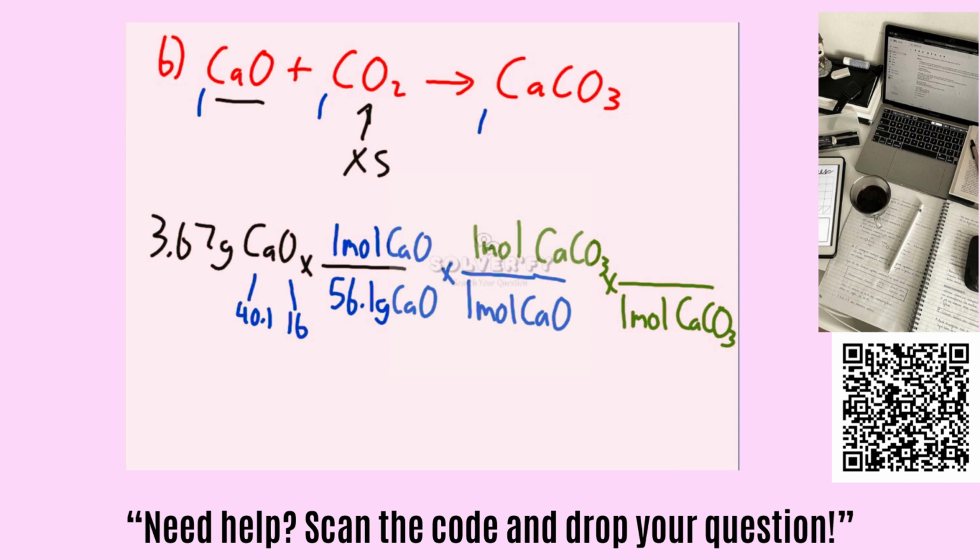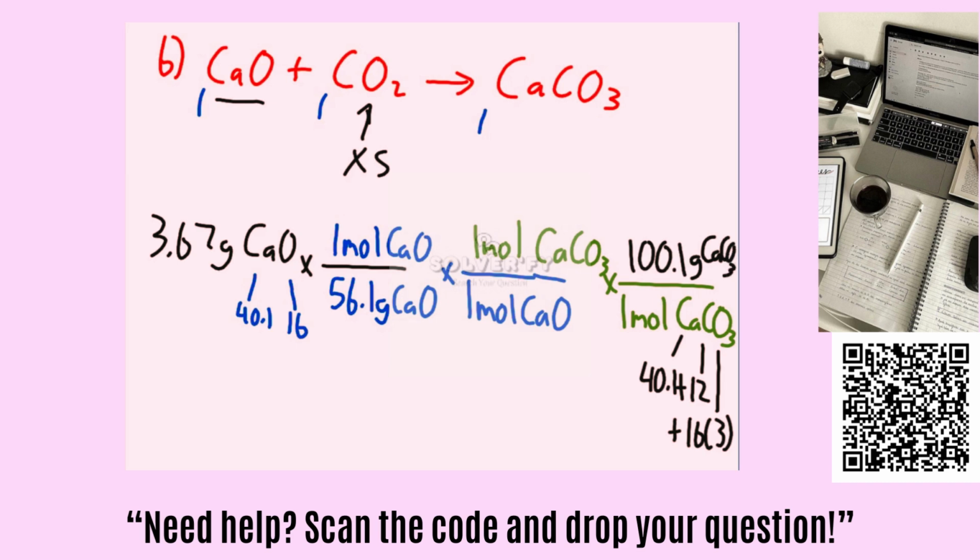And then we need mass of our product, so again we'll add this up. The calcium is 40.1, the carbon is 12, and the oxygen is 16, but there's 3 of them. So adding all that up, we'll get it to be 100.1 grams of calcium carbonate.